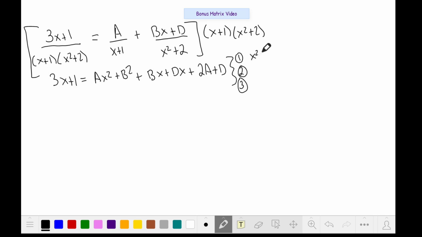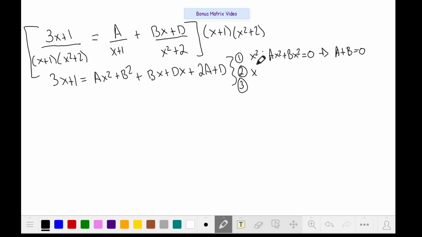So for the x squared terms, we had ax squared plus bx squared equals 0, or in other words, a plus b equals 0.